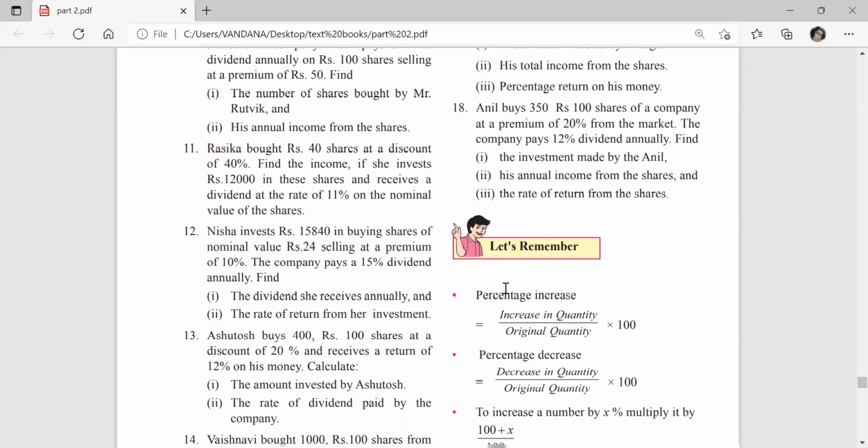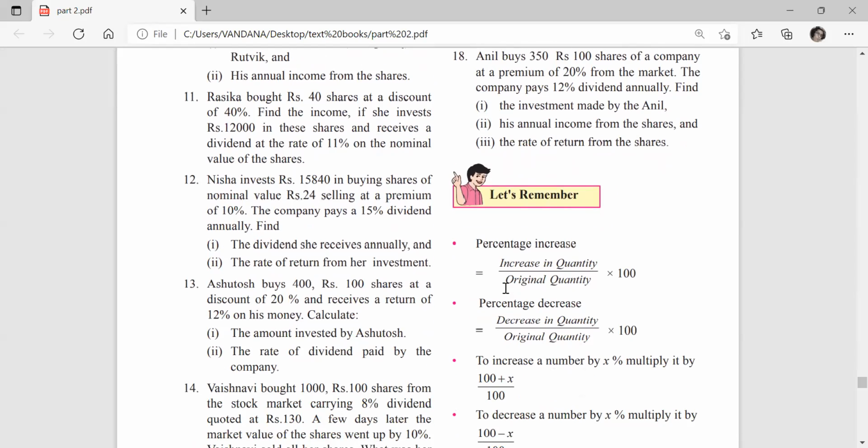Sum number 12. Nisha invests 15,840 in buying shares of nominal value rupees 24, selling at a premium of 10%. The company pays a 15% dividend annually. So total investment कितना है निशा का? Total investment 15,840. Face value 24.